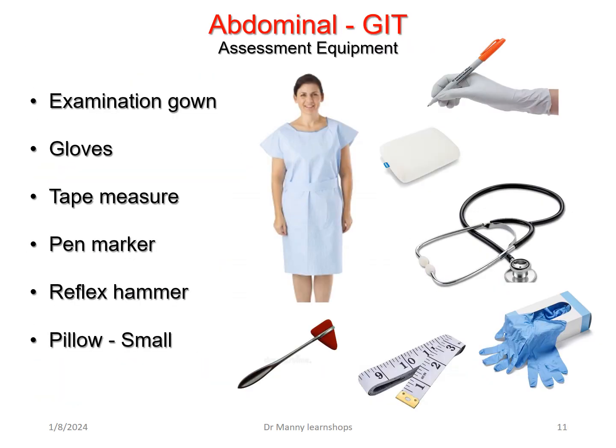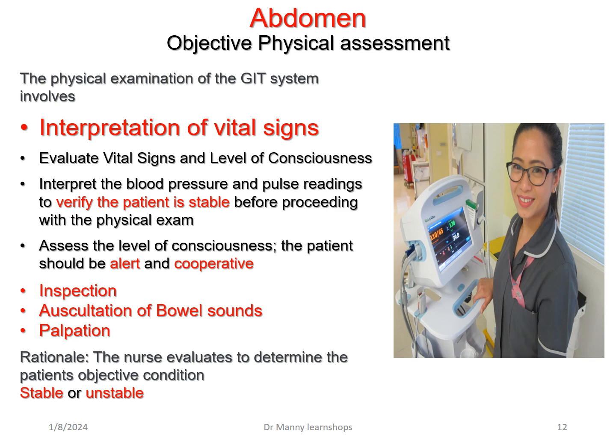As far as the assessment equipment goes, gloves are important. A tape measure, a pen marker, a reflex hammer, and a small pillow are typically used in assessing the abdomen. When it comes to the abdomen, objective physical assessment findings include the vital signs.